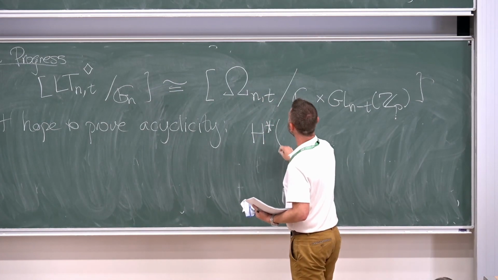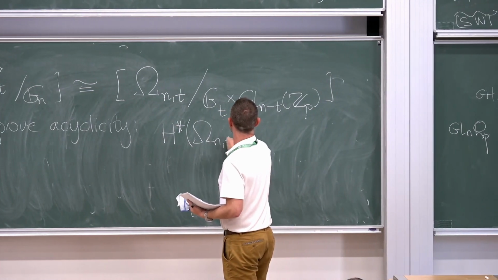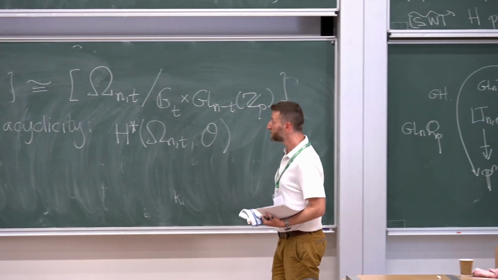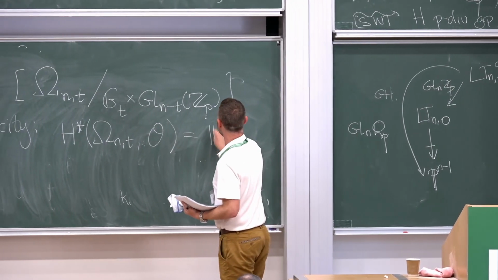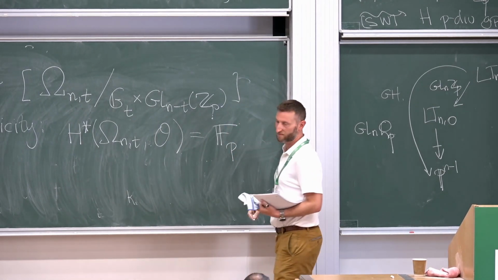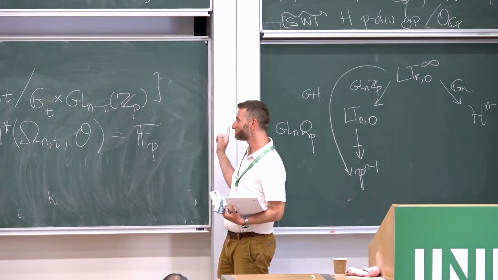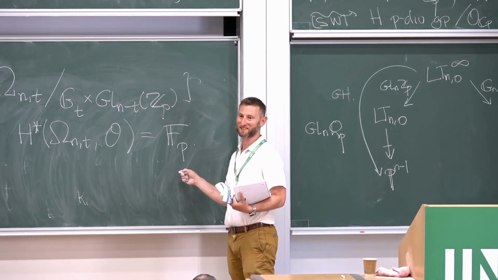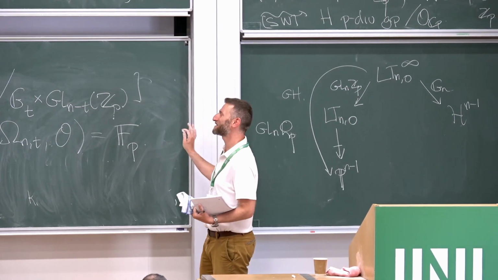Something like this, the cohomology with coefficients in O of this omega nt should really just be FP. And perhaps Lucas will be talking about this on Wednesday, I'm not sure. Yes, not sure. Something related to this.